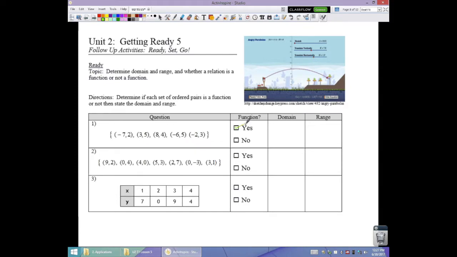Since it's just a list of points, I do the domain as a discrete function here. So the domain is the x values. That's -7, -6, -2, 3, and 8.